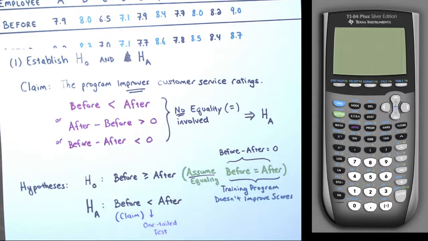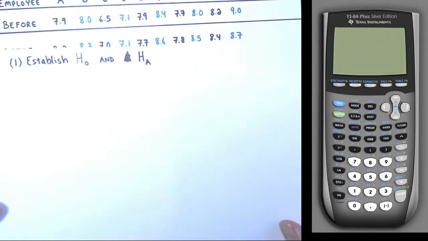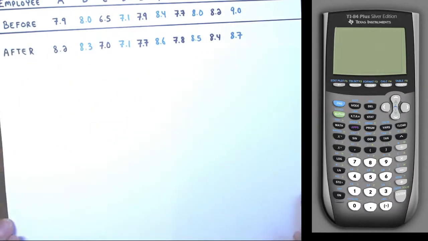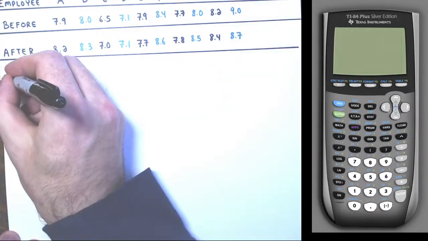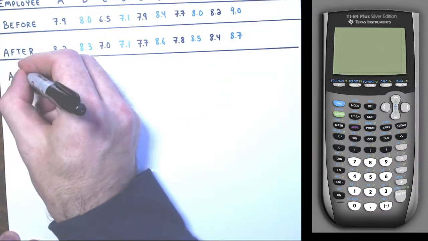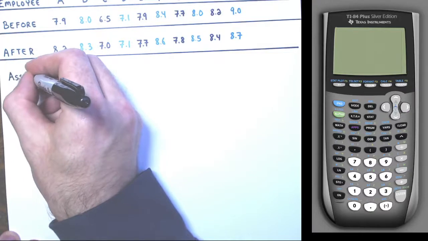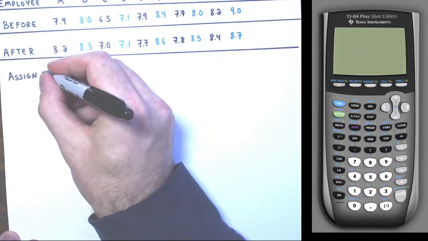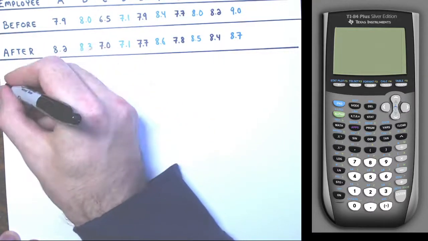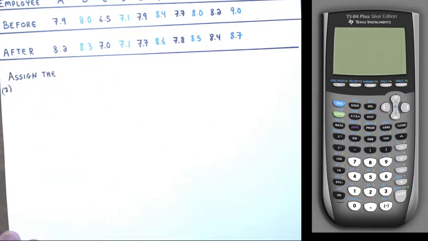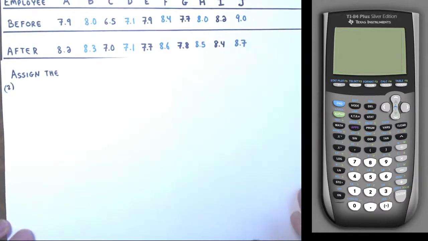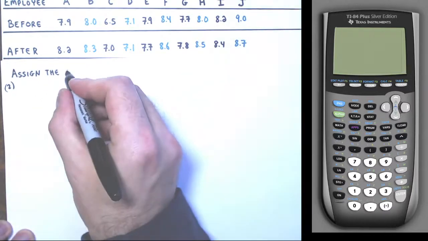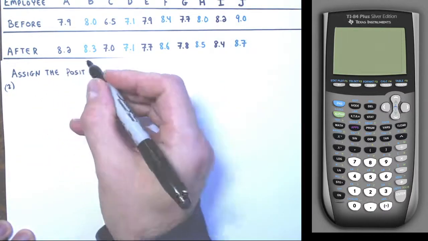Step 2 was assign these positive and negative signs that I mentioned. Sorry, this is 2. So step 2 is assign the positive and negative signs. Now, how do I do this?